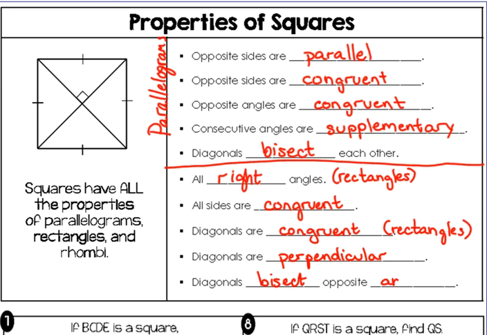That's also from rhombi. So this one, and this one are from rhombi. Okay, so nothing new when it comes to squares. Squares are just a combination of rectangles and a rhombus.